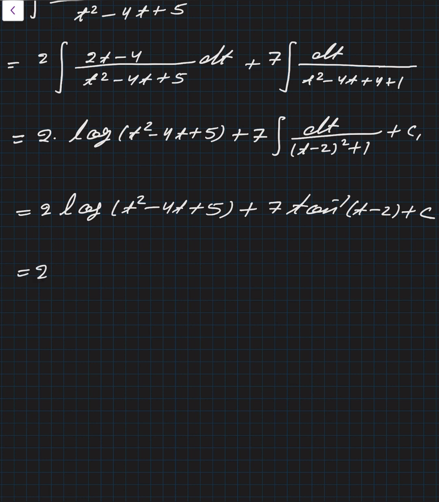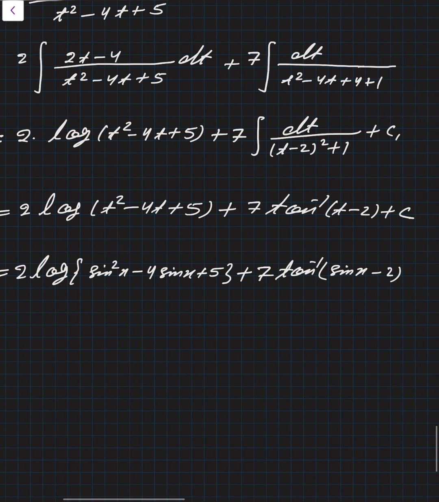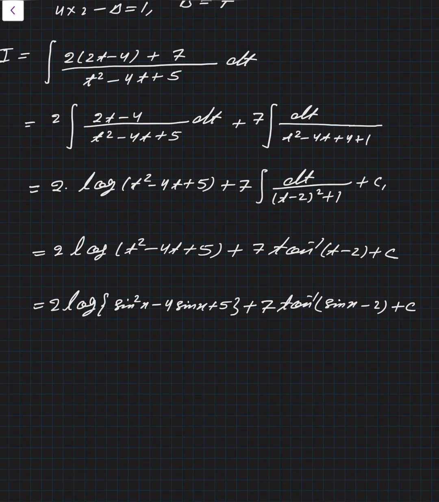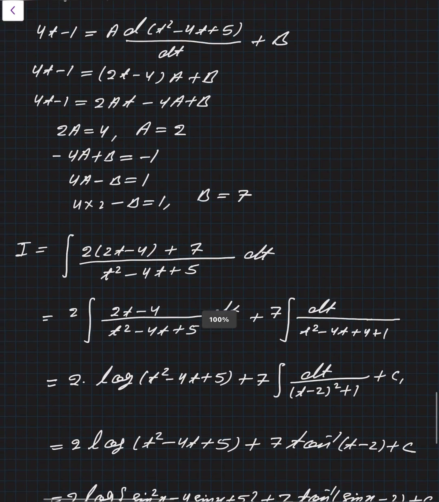So 2 log of sin square x minus 4 sin x plus 5, plus 7 tan inverse sin x minus 2, plus c. Okay, this is the final answer. That is part of question number 3.